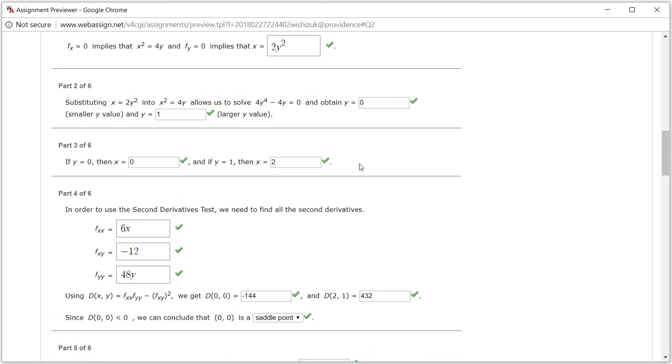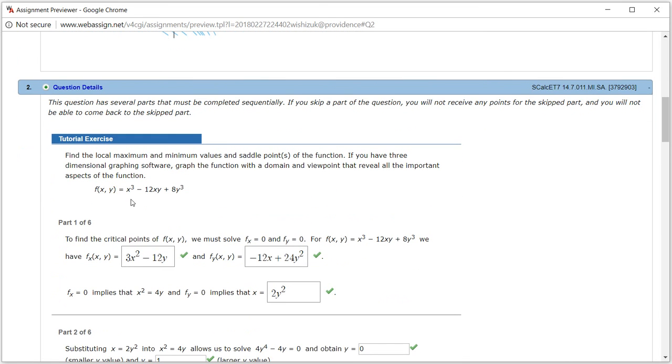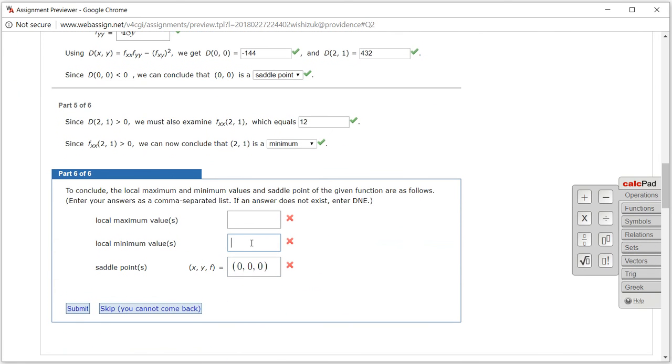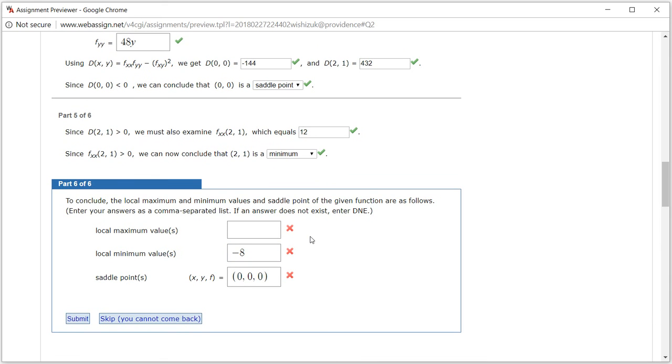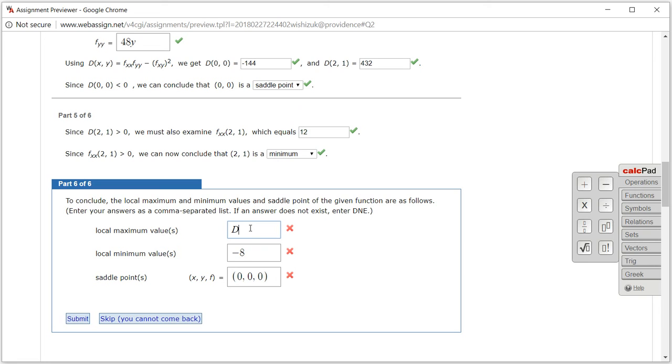If you plug in 2 for x and 1 for y, 2 cubed is 8, minus 12 times 2 times 1 is minus 24. So 8 minus 24 would be minus 16, and then plus 8, so it's going to be minus 8. The minimum value would be negative 8. Hopefully I did the mental computation correctly. And the local maximum value, which we did not find, I guess is going to be does not exist.